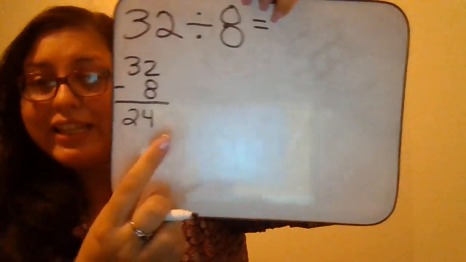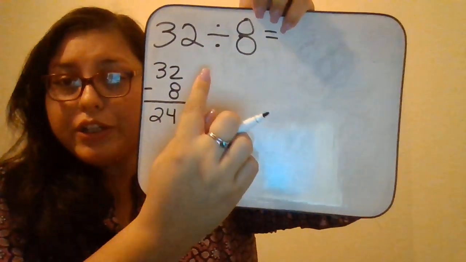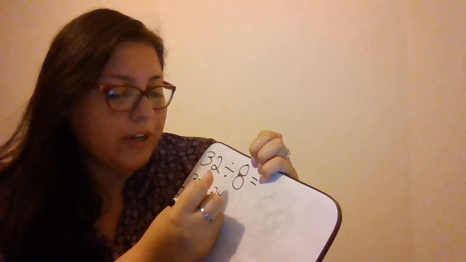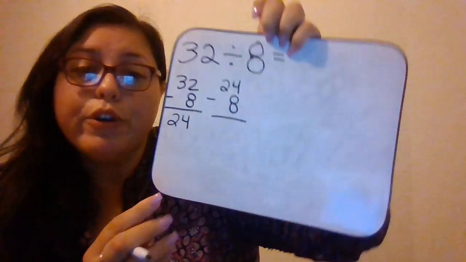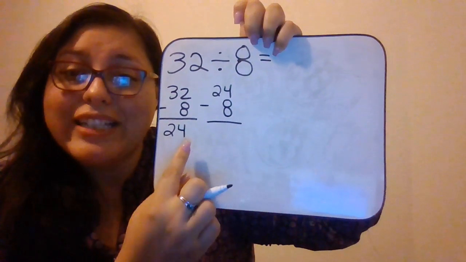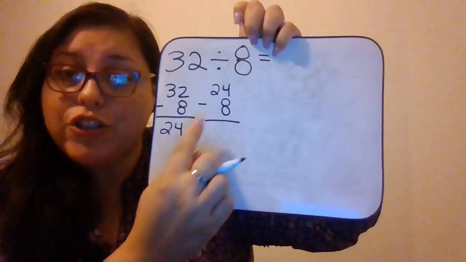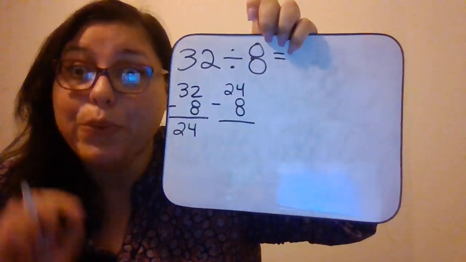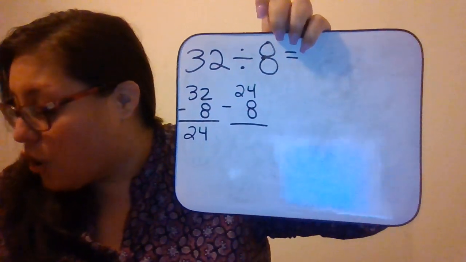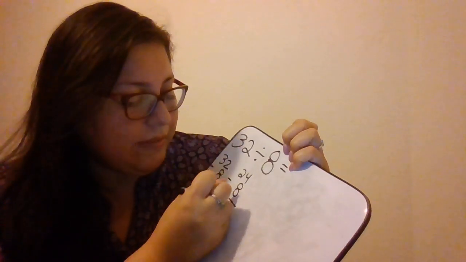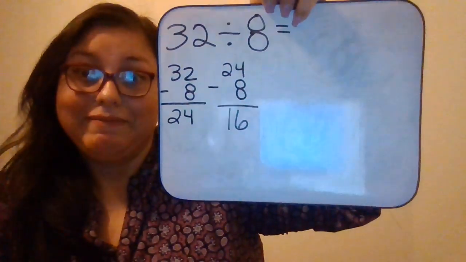24. And then we get this number 24 and we put it on top. 24. And then you subtract 8 again. We're doing repeated subtraction. You're going to subtract 8 from your answer, minus 8, minus 8, minus 8, until you get to 0. So 24 minus 8 equals 16.